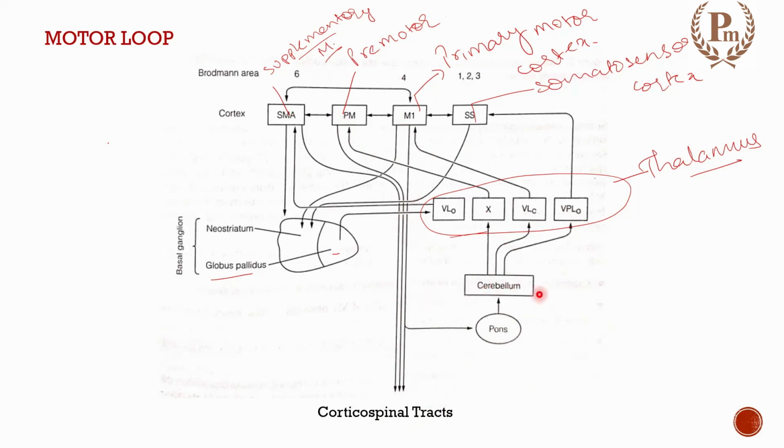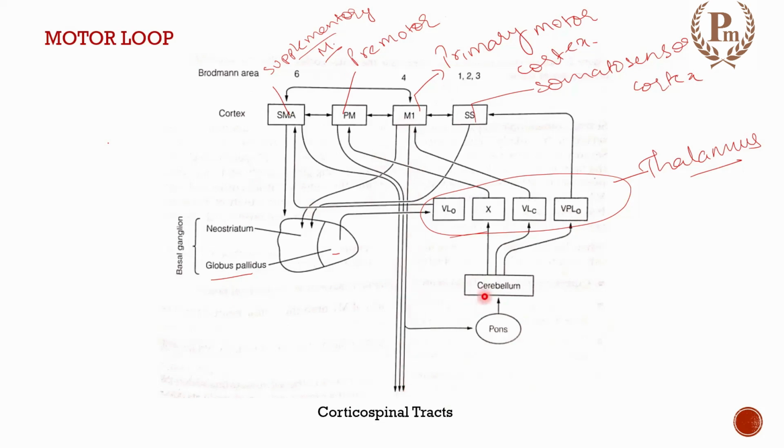So the cerebellum has sensory input from proprioception, for example. It gets a copy of the sensory input. It knows what the position of your body is in space. It also gets a copy of the motor execution plan: what is the plan that the motor cortex has made, and what command is going down to the spinal cord.